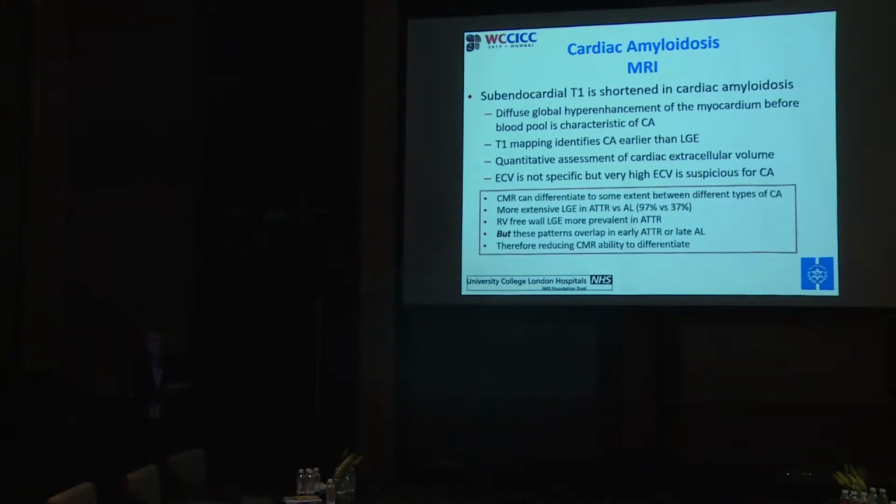So with cardiac MRI, we can differentiate to some extent between the different types of cardiac amyloidosis because there's more extensive late gadolinium enhancement in ATTR, and the right ventricle free wall late gadolinium enhancement is also more prevalent in ATTR, but these patterns also overlap, so actually we cannot differentiate with MRI.